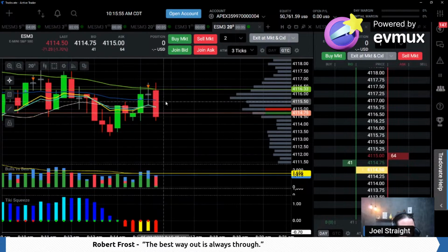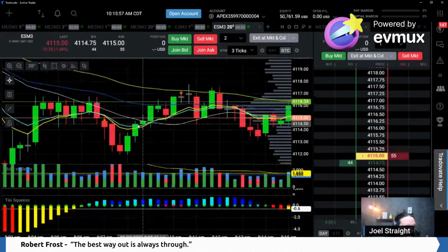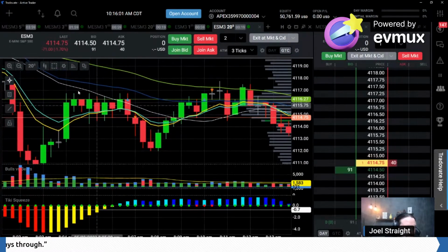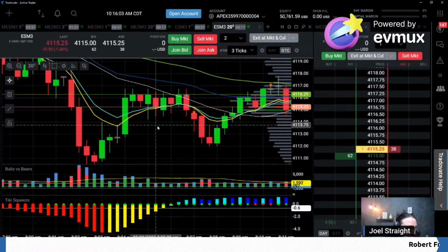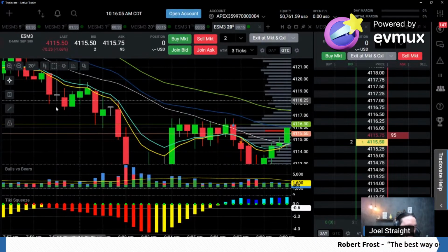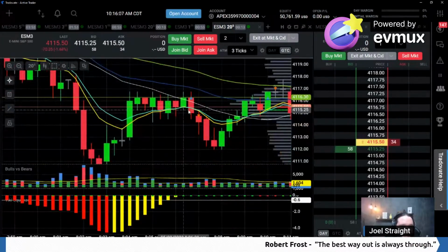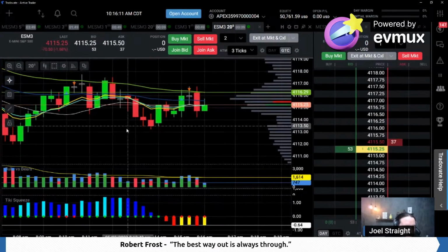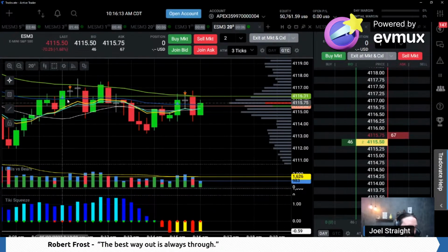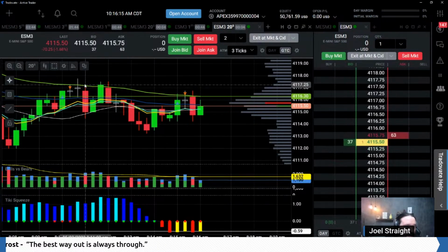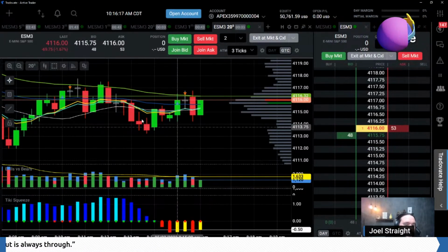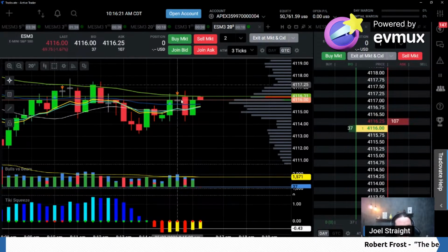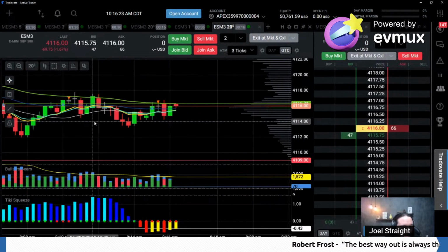Big rejection off the 50. Okay, so earlier we were rejecting the 35, and we rejected the 9 a whole bunch. So this is a good indication of some trend reversal, potentially inbound. Now we're breaking through the 35, and then we're rejecting off the 50. And the more that happens, you can see that this is kind of now going sideways.